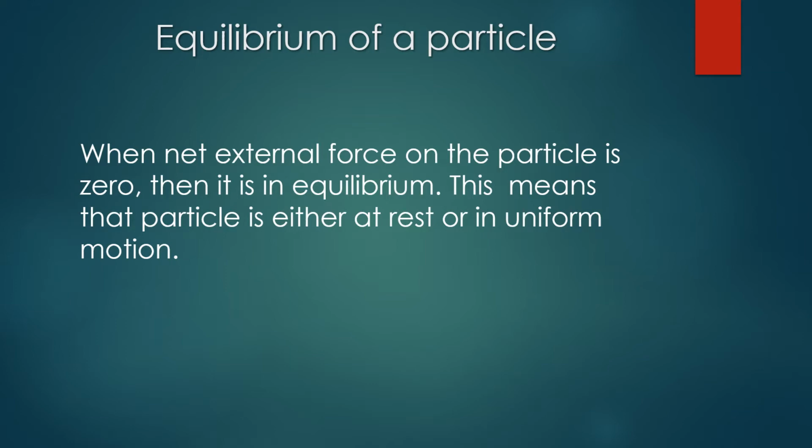Equilibrium under three coplanar forces F1, F2 and F3 requires that the vector sum of the three forces is 0, like F1 plus F2 plus F3 is equal to 0. So we can define equilibrium of the particle: when the net external force on the particle is 0, then it is in equilibrium. This means that the particle is either at rest or in uniform motion.